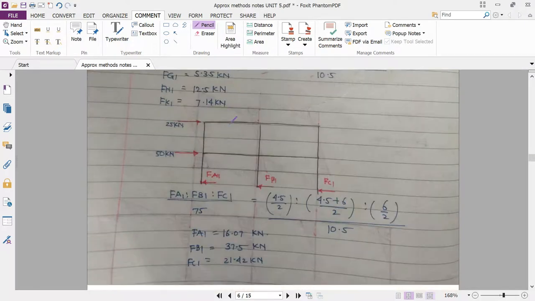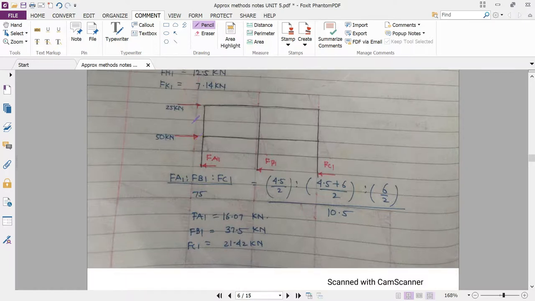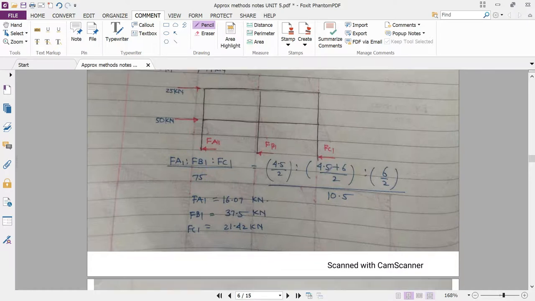But here you must understand that as we go downward, the number of horizontal forces given in the particular numerical also increases. So you have to incorporate all these horizontal forces in your calculations. So in the denominator itself, the summation of these horizontal forces must be considered. Rest of the things will be common. So here you will get the force in A1, B1 and C1.